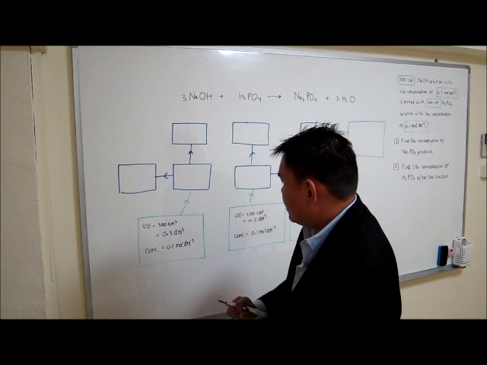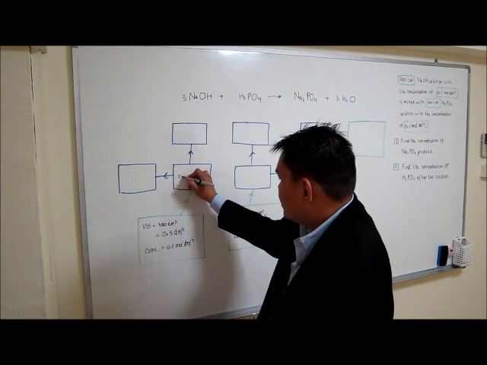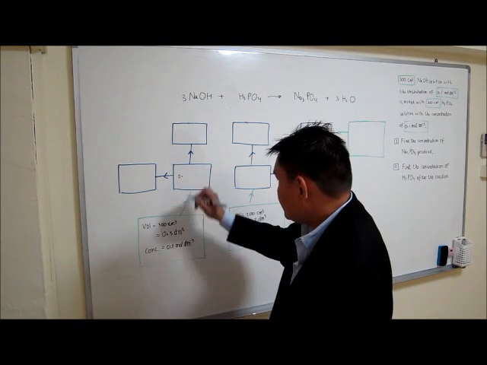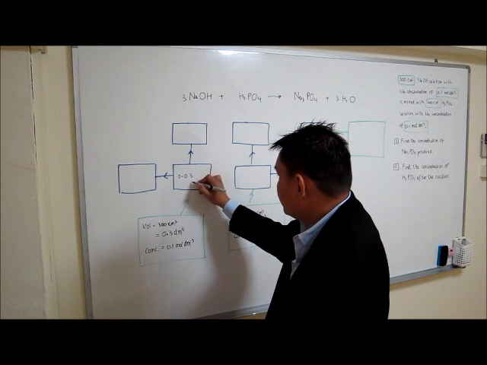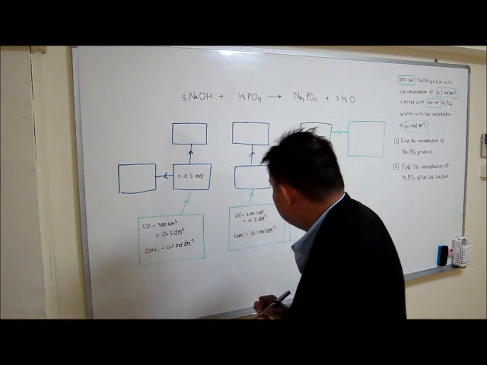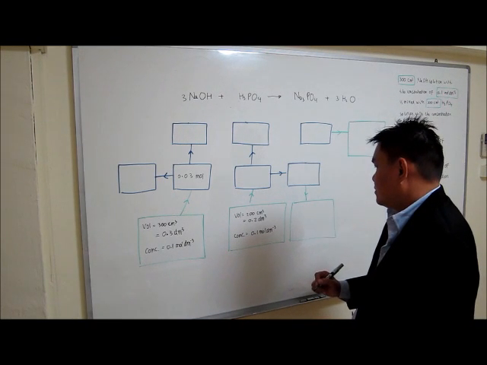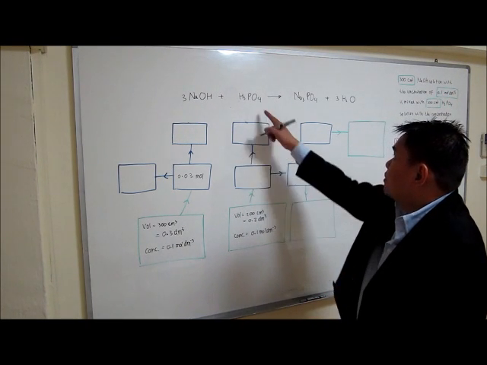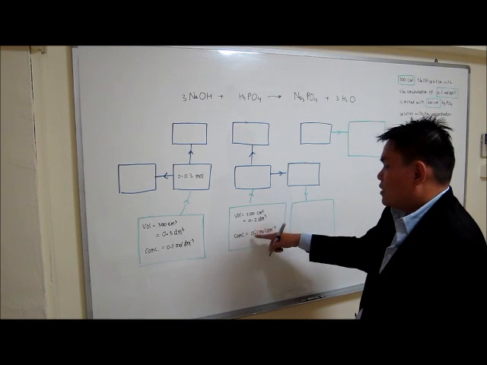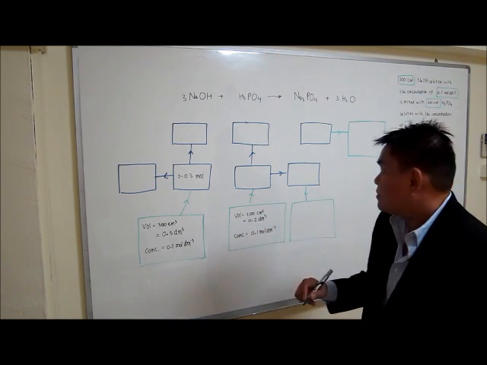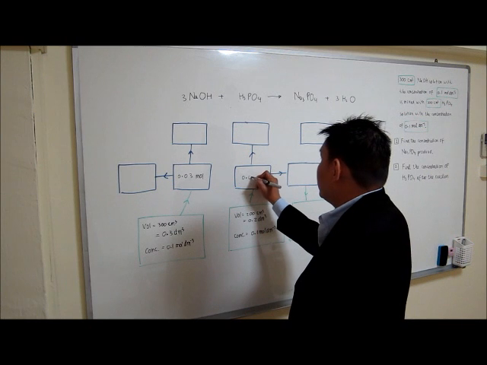So 0.3 times 0.1, you get 0.03 mole. For phosphoric acid, the volume is 0.2 times 0.1, you get 0.02 mole.